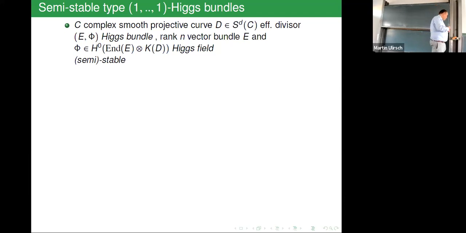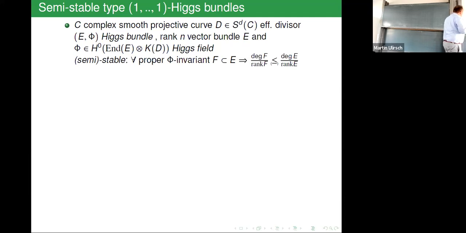If you have studied stable vector bundles, for example on curves, then we use the same definition of stability, but we restrict the subbundles, for which we use the stability condition, to the ones which are invariant under the Higgs field.